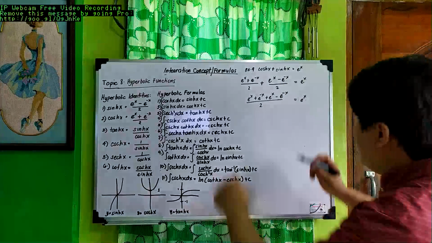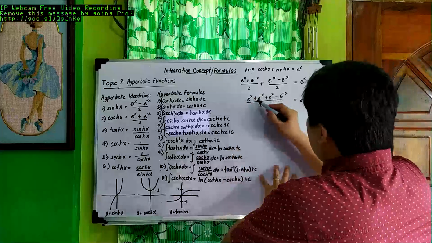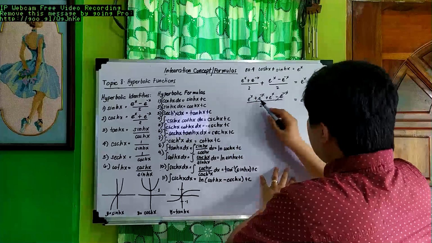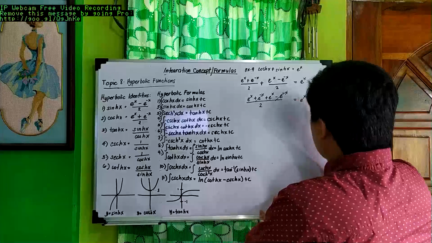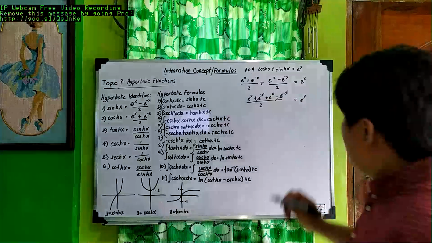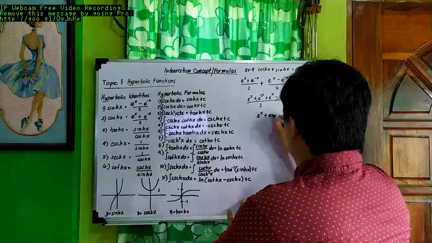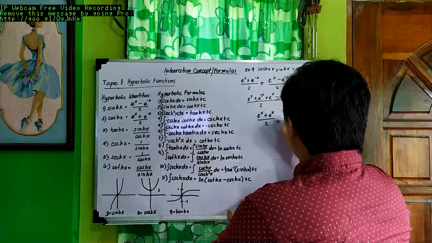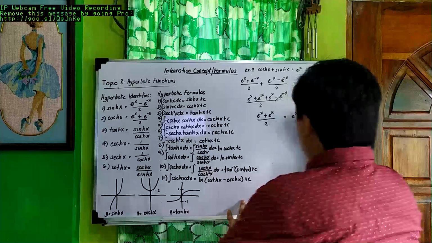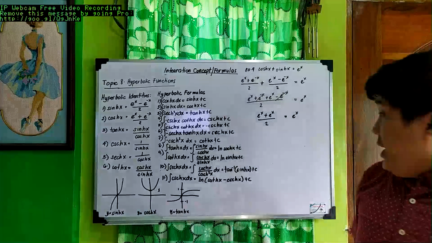Okay? So, this one and this one, e raised to the negative x minus e raised to the power of negative x, we can cancel. So, what remains is just e raised to the power of x plus e raised to the power of x over 2, which gives you e raised to the power of x.